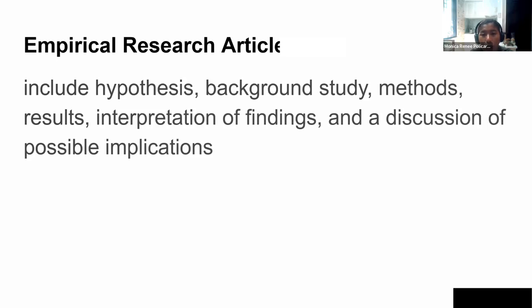And therefore, empirical articles are good sources to allow scientists to weigh the point being raised by the scholar who proposed the theory.